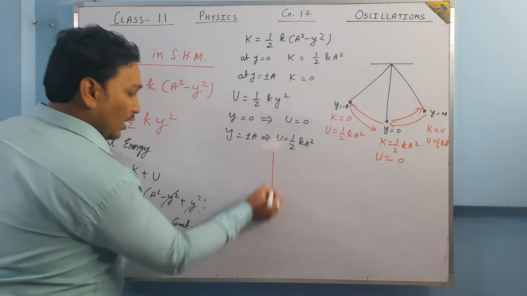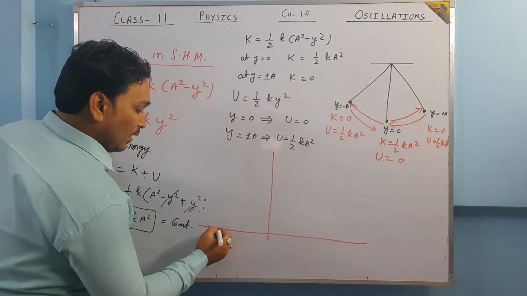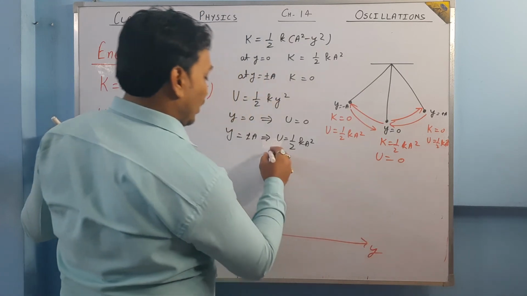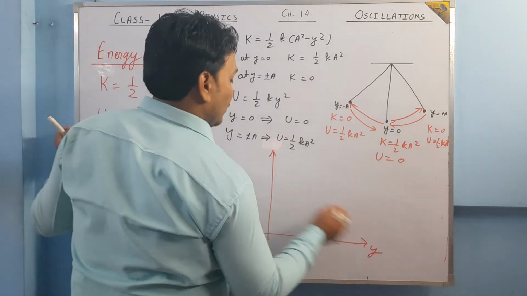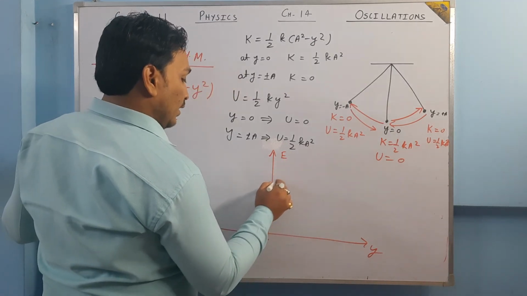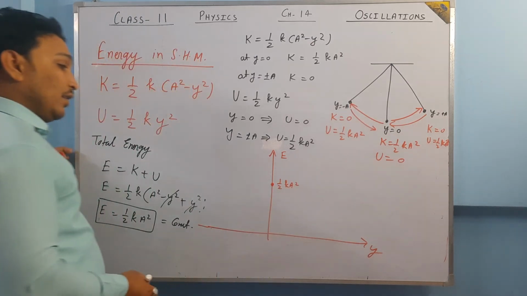So if I plot a graph to understand the variation, suppose on this axis I have taken y, basically displacement. Don't misunderstand that on the x-axis I have taken y; it is displacement. Here I am taking energy. So this particular point denotes half k a square energy, right?